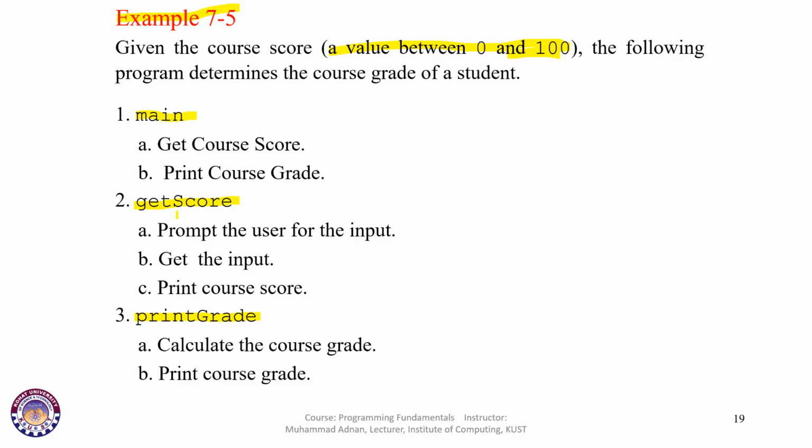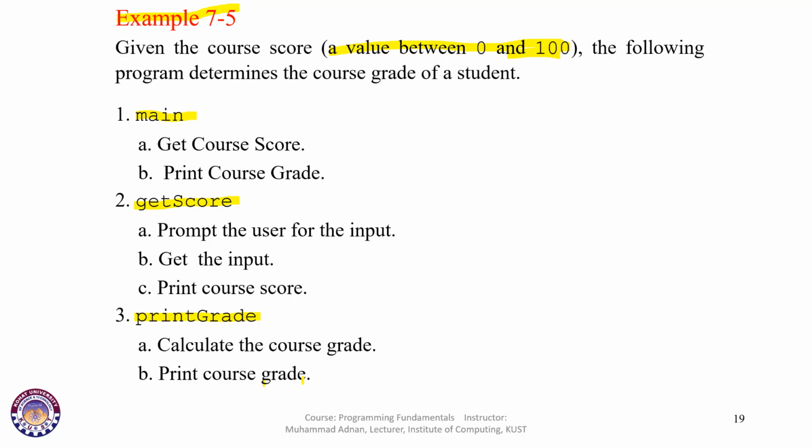In get score, we are going to perform three activities: prompt the user for the input, get the input, and print the course score. In the print grade function, we are going to calculate the course grade and print it. So this is a high level view of our program.